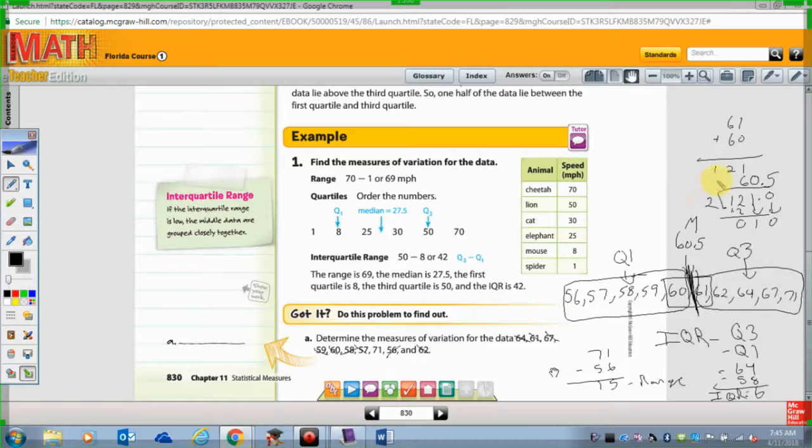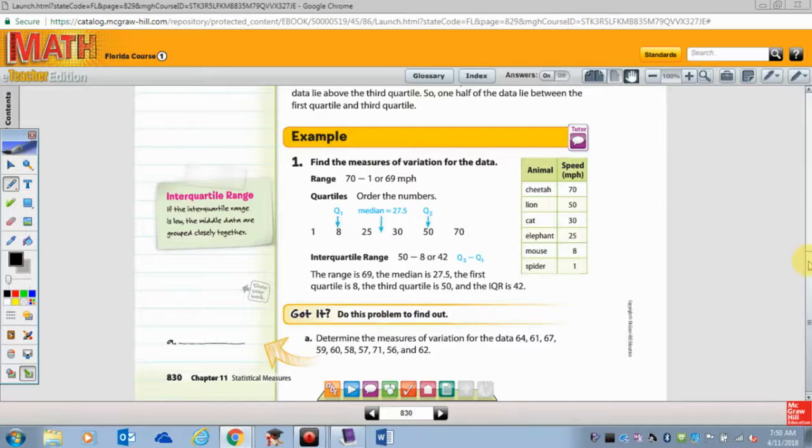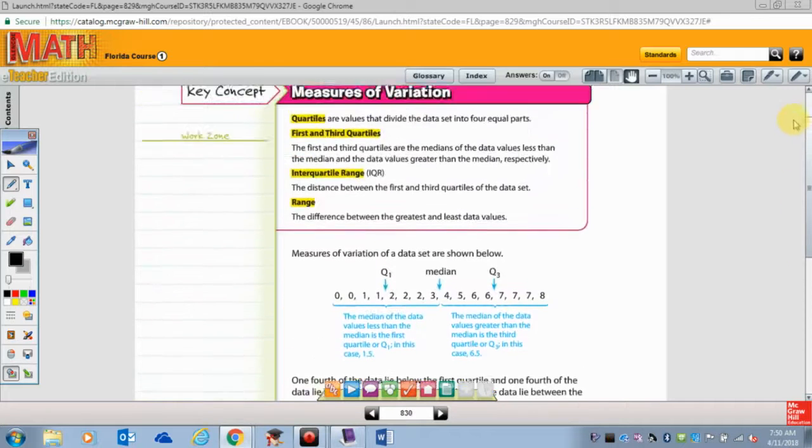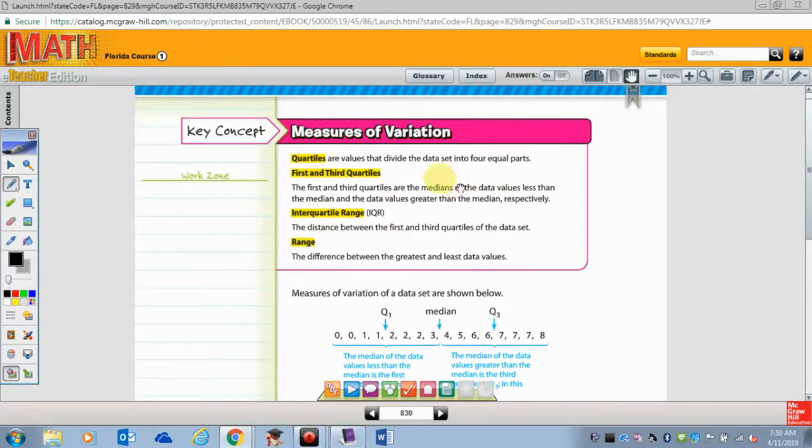So that's a lot to take in at one time. You'll get several opportunities to do these types of problems. There's really not a whole lot to it. Basically, you find the median, you split the set of numbers into two different sets, find the median of each set, and then find your other things based on it. But what I want you to do is on your desk, you're going to write these definitions.